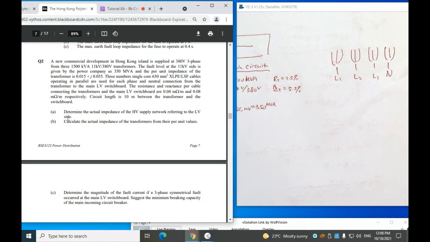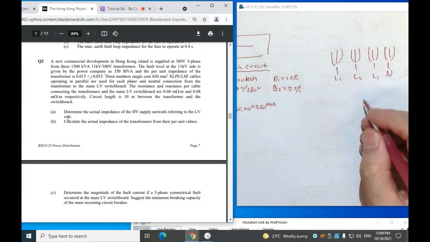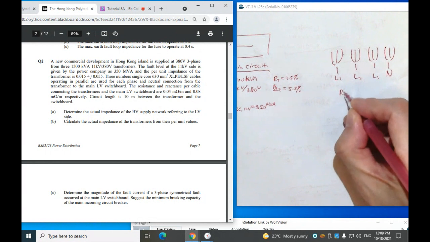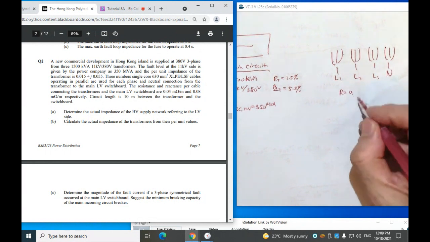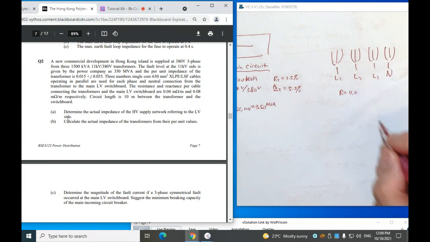And the cable impedance is actually given. Resistance is equal to 0.04.